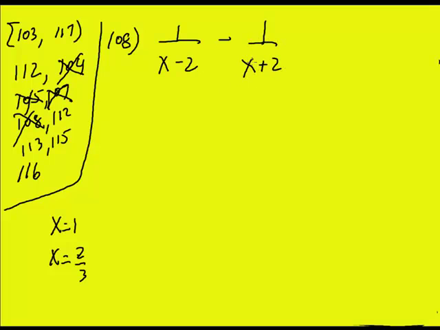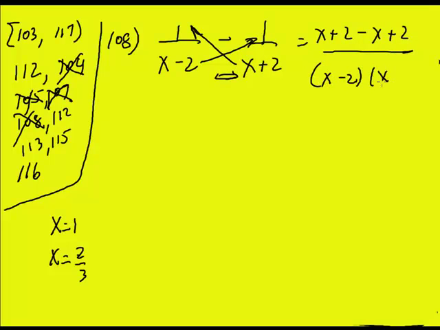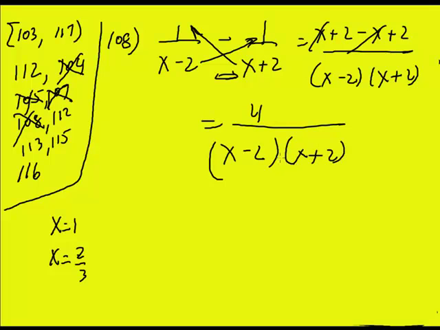Again, we can do the ancient and the secret to add and subtract these two fractions. Cross multiply, you're going to get x plus 2. Cross multiply, you multiply by negative 1, so you're going to get negative x plus 2. All that over, multiply the bottoms, leaving a factored form, x minus 2 times x plus 2. The x's cancel out. You're going to get 4 over x minus 2 times x plus 2. Done.